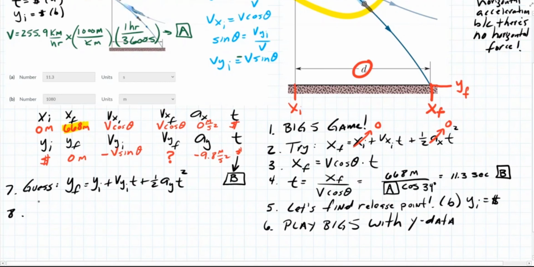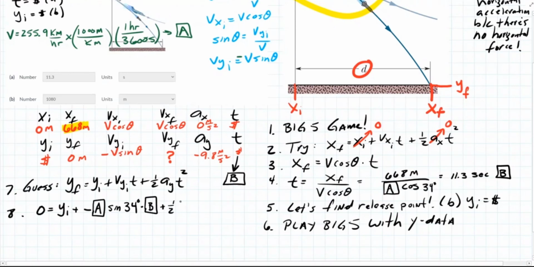So if I process number 7, Y final is 0. Y initial is my unknown, so I'm just going to leave that as Y initial, plus Vy initial. And Vy initial is that negative alpha A sine theta, sine of 34 degrees, times time, and time is sitting there in memory location B. This is why we like to store stuff in calculator memory.